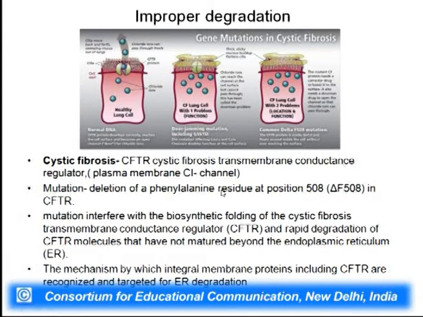This is encountered in cystic fibrosis, and the protein responsible for this disease is the cystic fibrosis transmembrane conductance regulator. This protein, as you can see in the diagram, is a chloride ion channel.